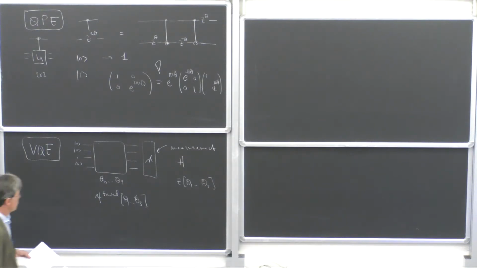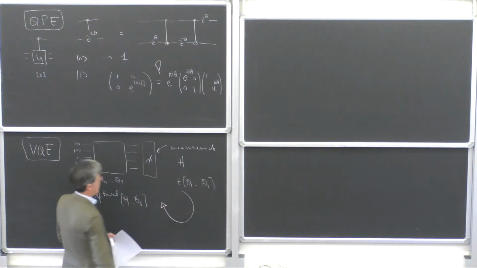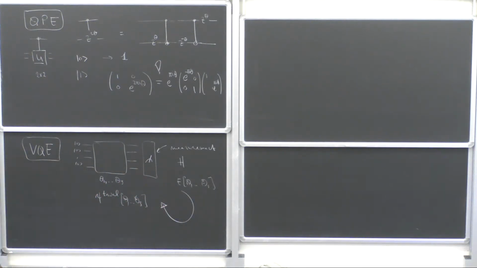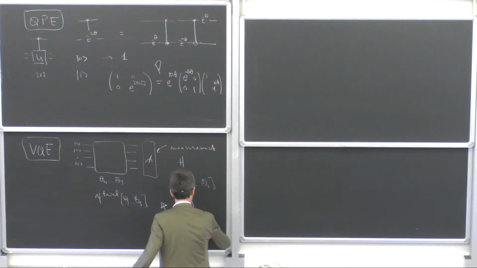And then comes this cycle where you try to improve your thetas, do it again, try to get to a lower energy and keep optimizing until you've hit the bottom and your circuit has optimized performance, and you get as low as you can using this ansatz. So here's an optimization cycle.